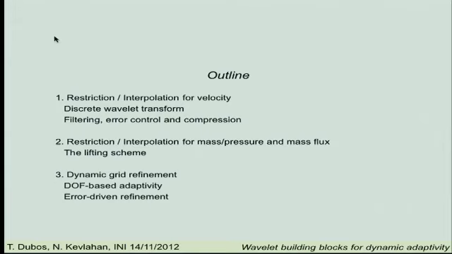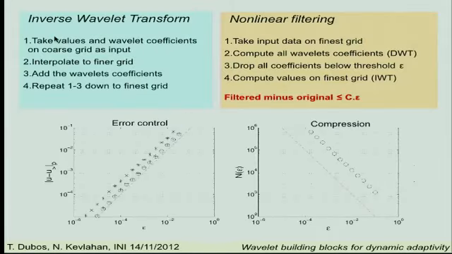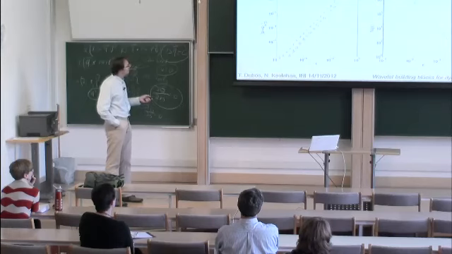Question on that? Yeah, I can take questions anytime. Does that play the role of a refinement criterion? Yeah, so they will be used in the refinement criterion. So the criterion for compression is, in a sense, a refinement criterion, but it doesn't look like the usual refinement criteria that we've seen.